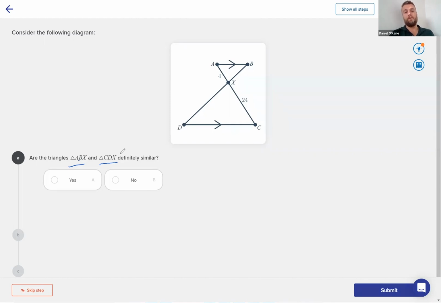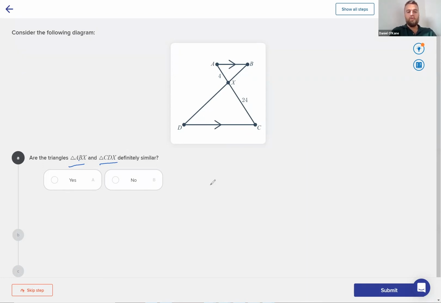Because of the angles. Yes, the angles are equal, but how do you know they're equal? The lines are continued. Yeah, Remy's just written in the chat box that the lines are continued. It's because actually these are parallel lines.